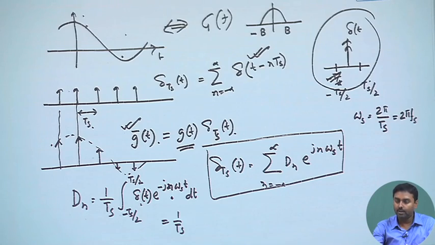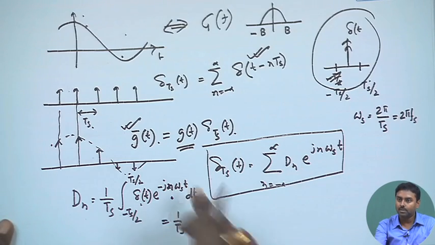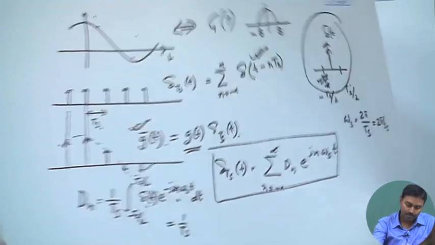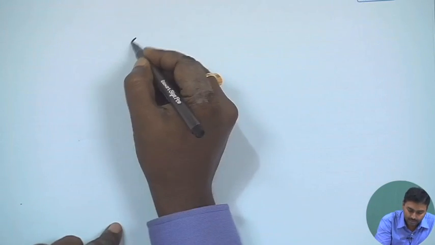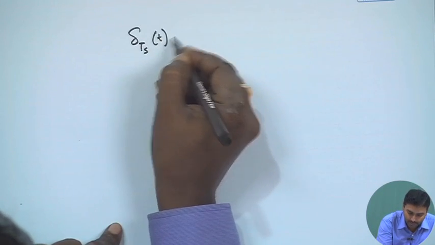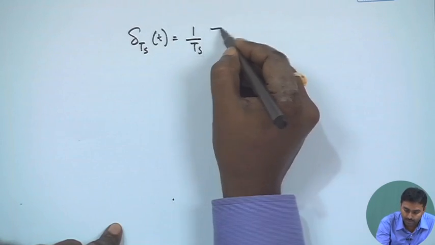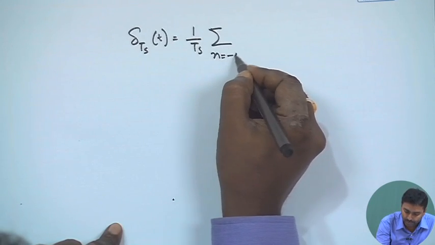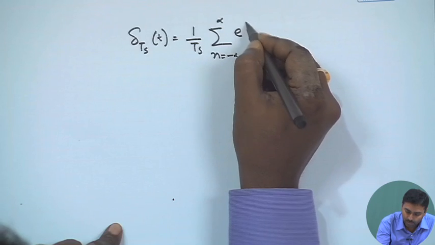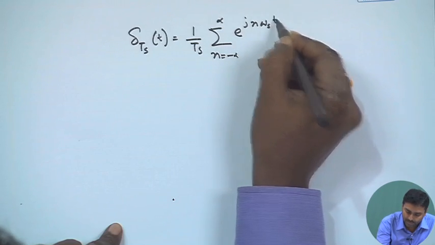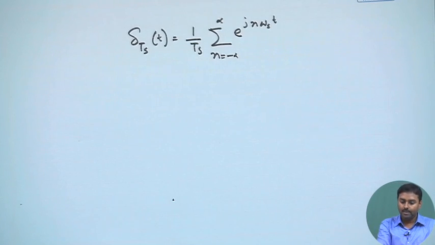So, it is independent of n. So, I can actually take this outside the summation. So, what I can write, this delta Ts t I can write as 1 by Ts, because I can take it outside the summation, summation n minus infinity to plus infinity e to the power j n omega s t, right. I can write it this way.